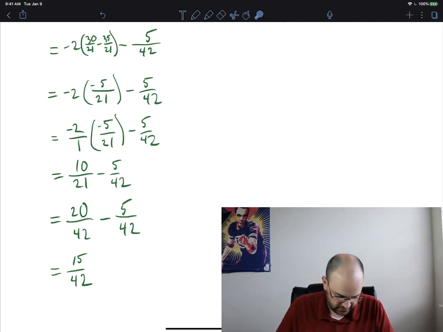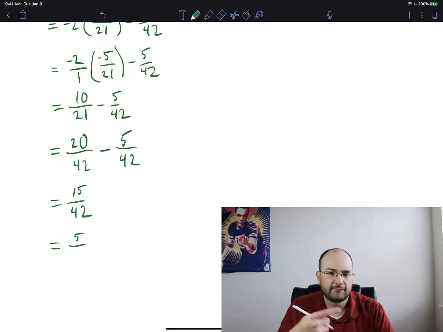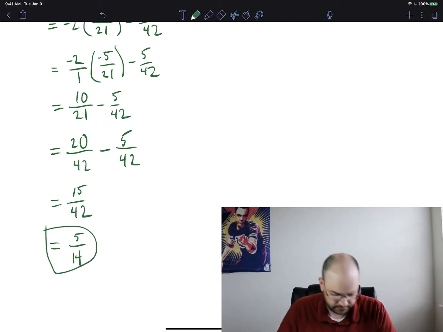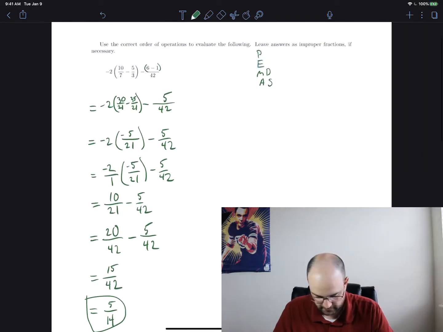Yes, it is. So that means that both are divisible by 3, which means I need to divide both the numerator and denominator by 3, which means 15 over 3 is 5. And now 42 divided by 3 is just 14. Use your calculator if you need to there. And there's our answer: 5 over 14.